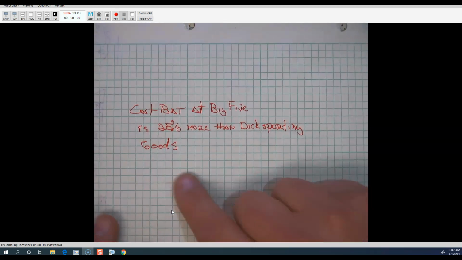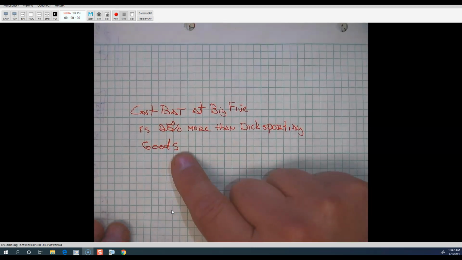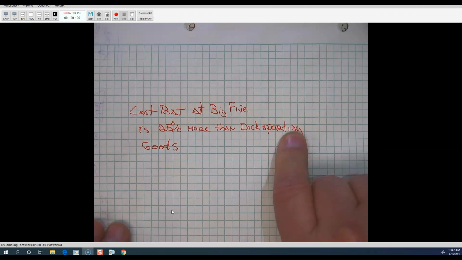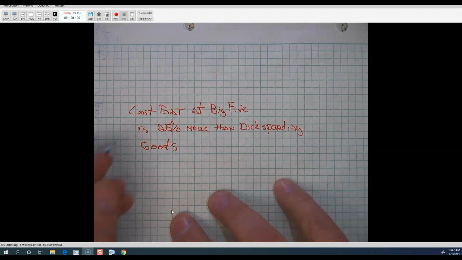Okay. That doesn't mean that the cost of the bat is 25. This is wrong.